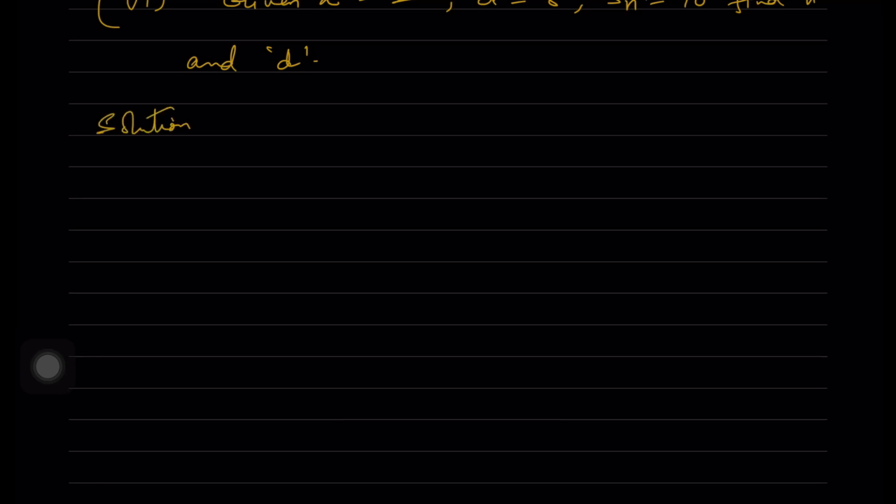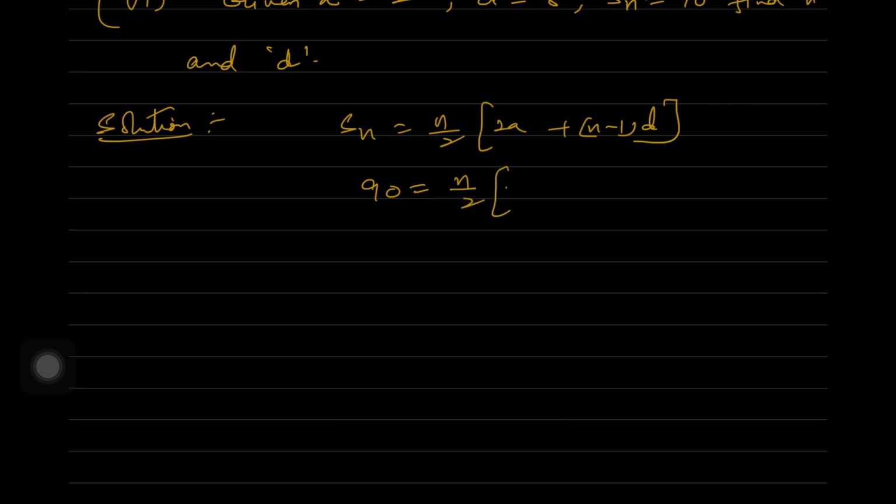So solution: Sn is equal to n by 2 into 2a plus n minus 1 into d.